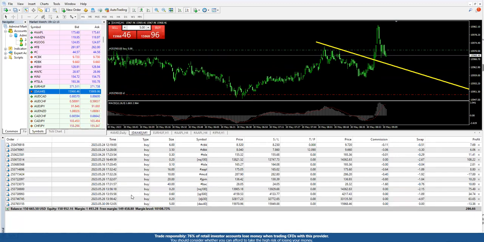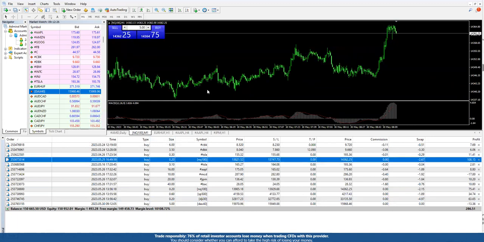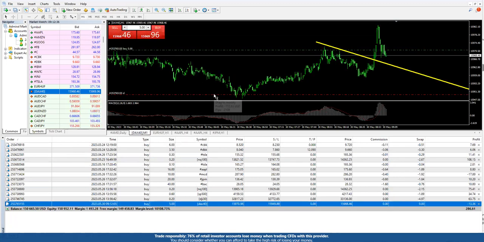And let's check what will happen. I am waiting for this. And let's go to Nasdaq. Let's focus on DAX and only we will have maybe a $100 risk. I'm trading for the breakout.